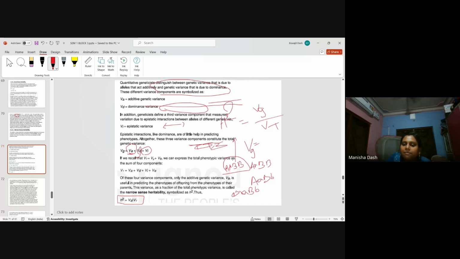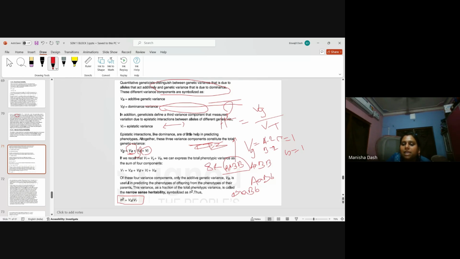Like if each A is contributing 2 units and each B is also contributing 2 units, because every dominant gene will have the same effect, and the small a is contributing 1 unit, the small b is contributing 1 unit, so what will be the character in the first case? 2 plus 2 plus 2 plus 2, that is 8.